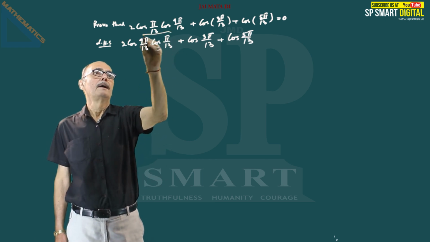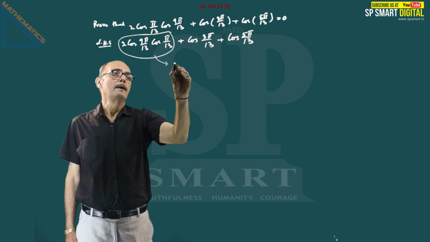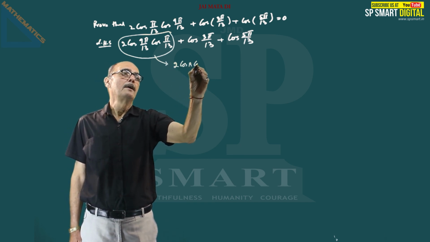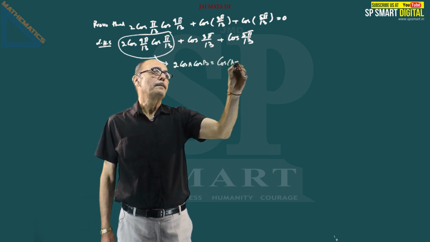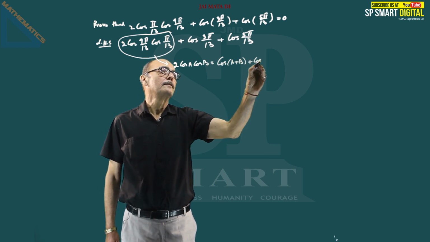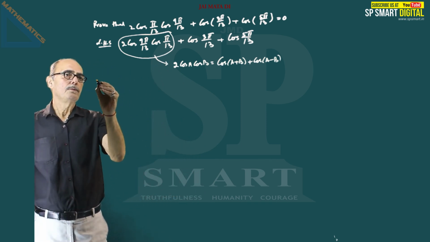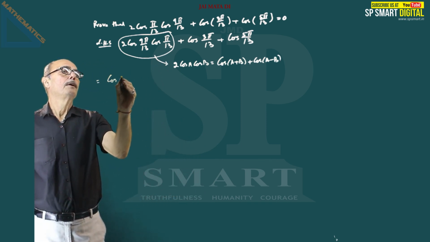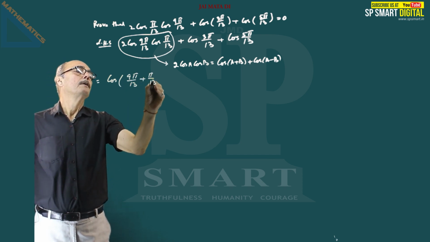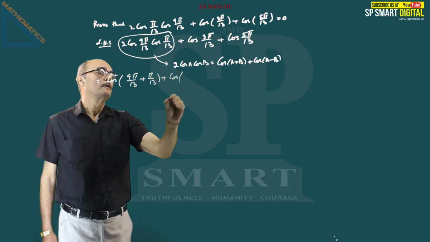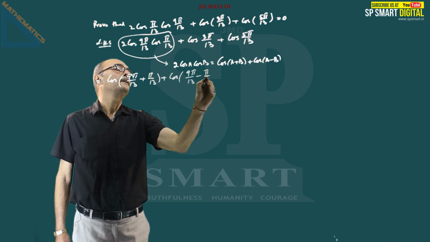So, here changing this product into sum as 2 cos of A cos of B equals to cos of A plus B plus cos of A minus B. So, this is equal to cos of 9 pi by 13 plus pi by 13 plus cos of 9 pi by 13 minus pi by 13.